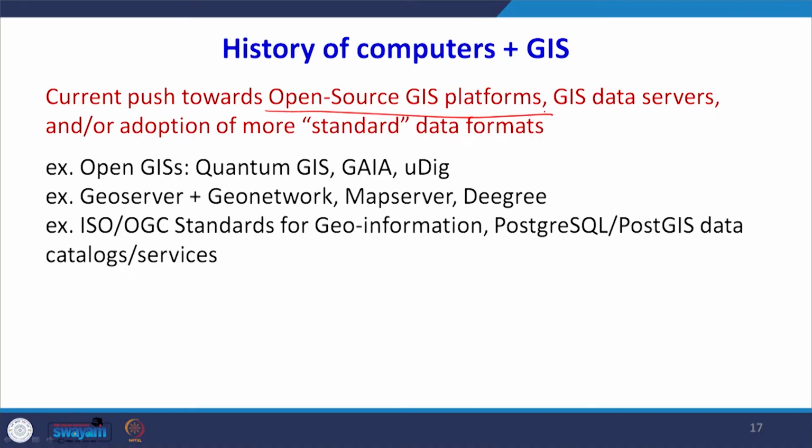Now if we see, the current push is more toward open source GIS platforms. We can adopt standard data formats, so it is toward the standardization of data formats and using open source GIS platforms that came later on, like OpenGIS, Quantum GIS, uDig, GeoServer, MapServer, Deegree, and then ISO, OGC standards, PostgreSQL, PostGIS data, and so on.